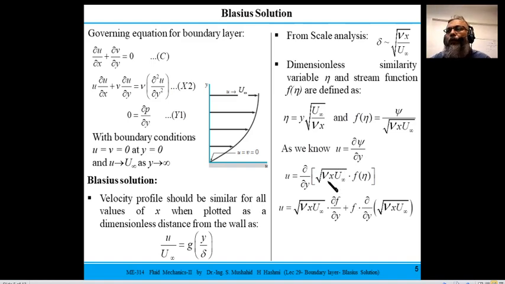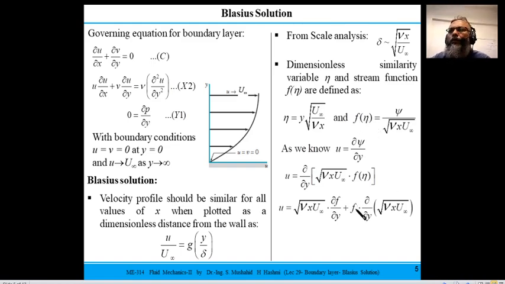But as I know that eta is some function of y and x both, I apply the product rule here: if this is u and this is v, it is u times the derivative of v plus v times the derivative of u. Instead of writing f of eta, I am simply writing f, because I know f is some function of a similarity variable eta.